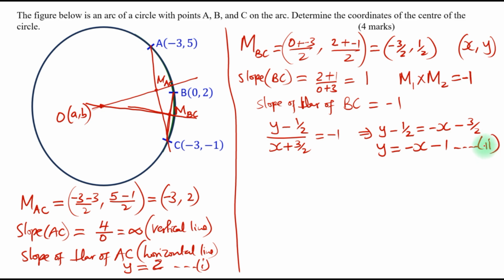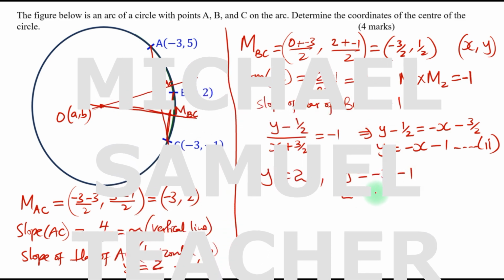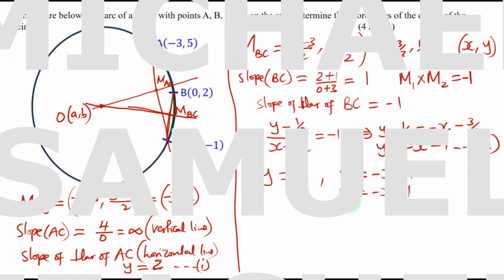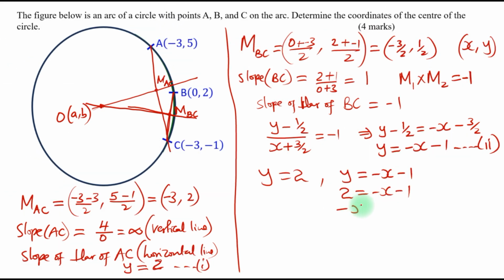So we already have two equations, y is equal to 2 and y is equal to minus x minus 1. So we substitute y is equal to 2 into y is equal to minus x minus 1. So here 2 is equal to minus x minus 1. So minus x will be equal to 3, and therefore x is minus 3.